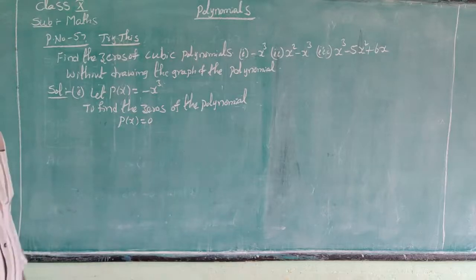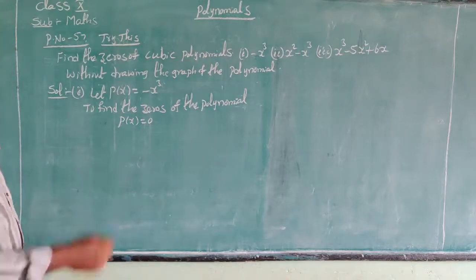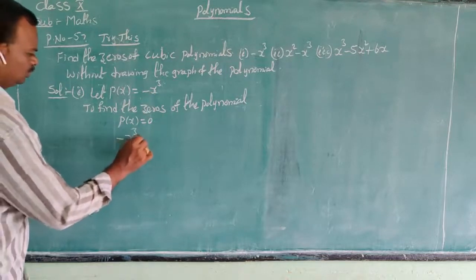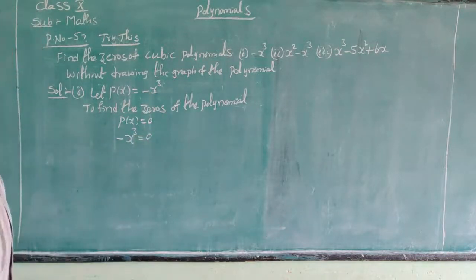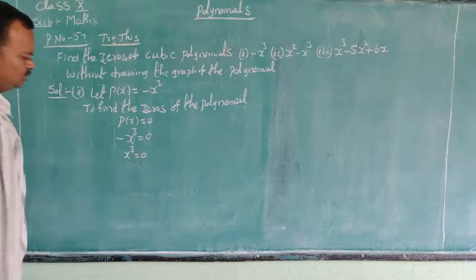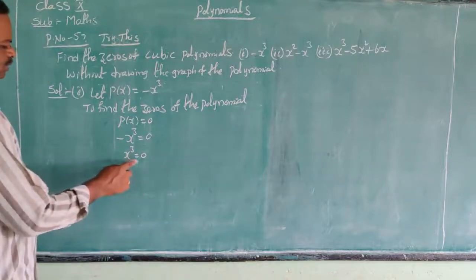That means minus x cube is equal to 0. That implies x cube is equal to 0.